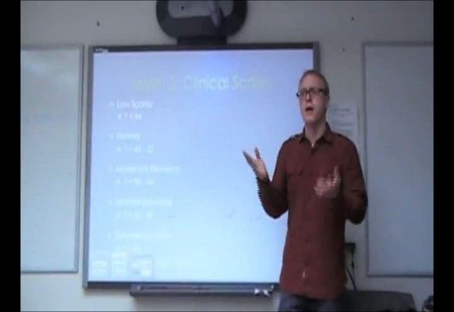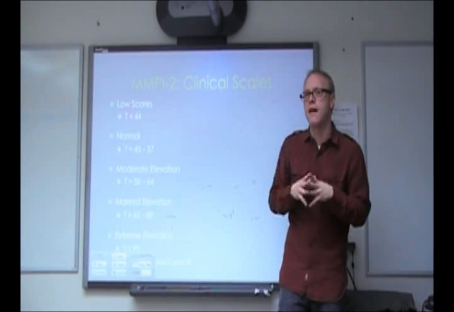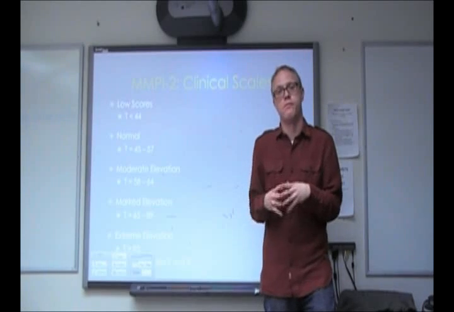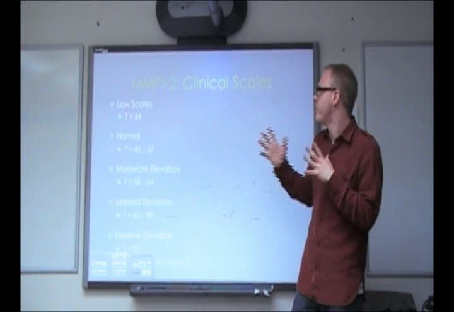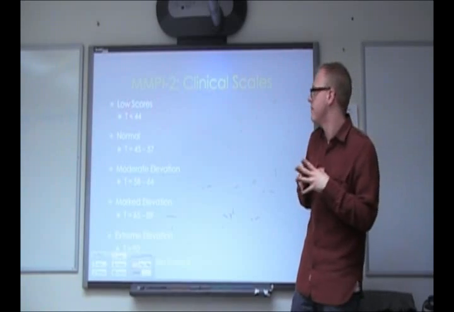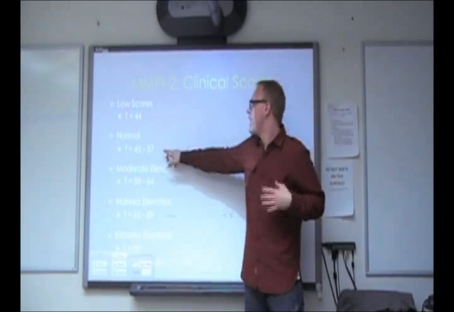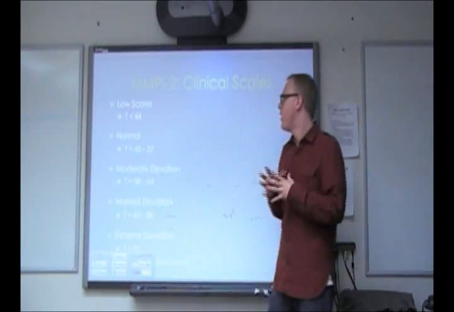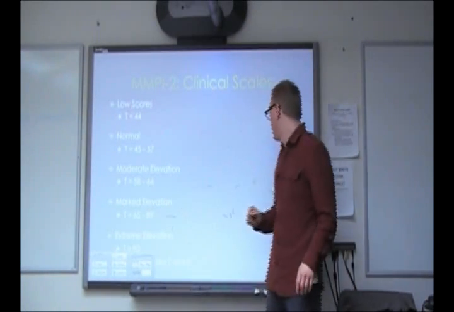That's a little bit more than half a standard deviation below the mean, 0.6 of a standard deviation below the mean. Normal would be 45 to 57. You could say a moderate elevation is going to be 58 to 64.